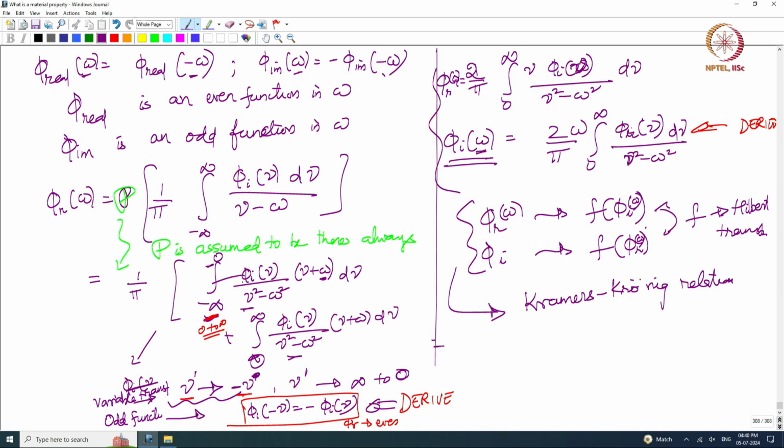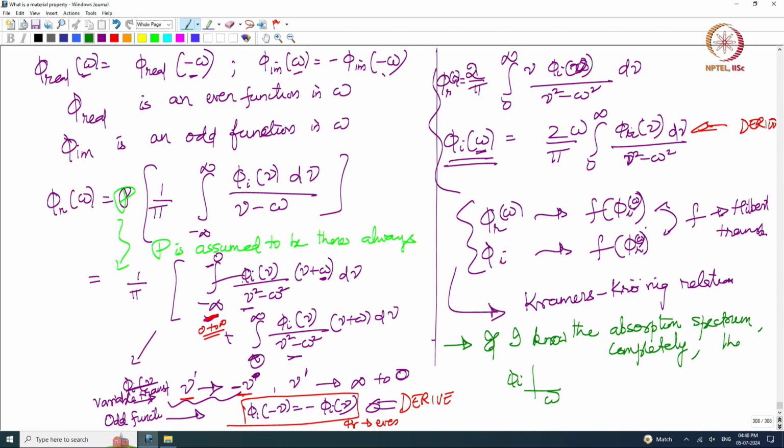If I know the absorption spectrum, which means phi I as a function of omega completely, then I know the scattering spectrum also completely.